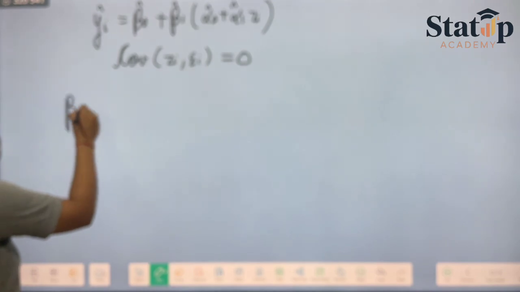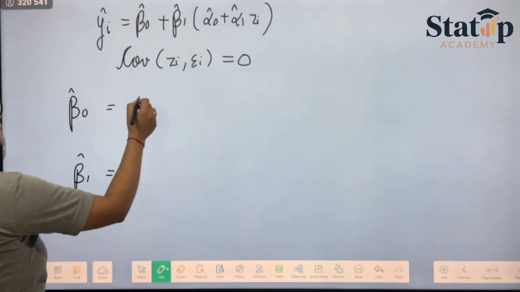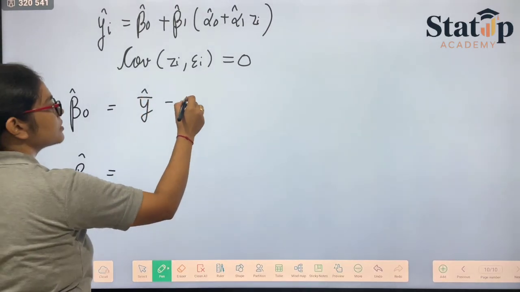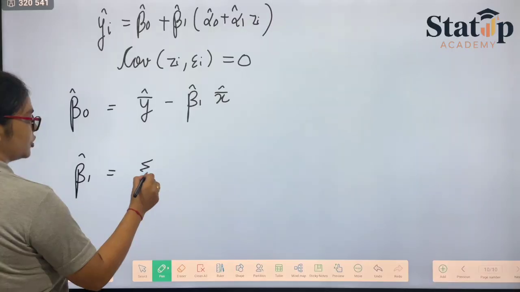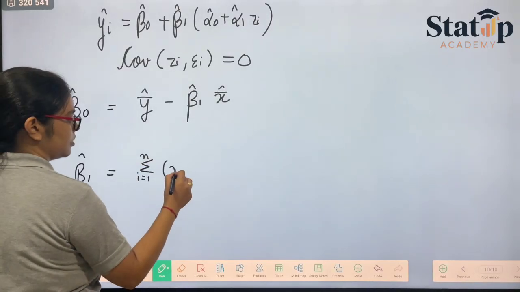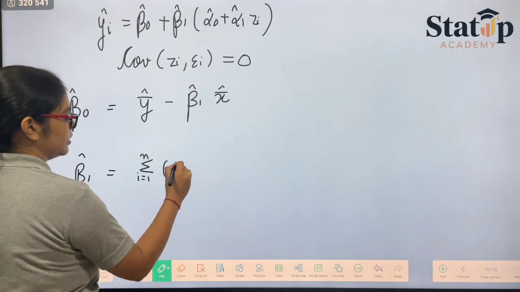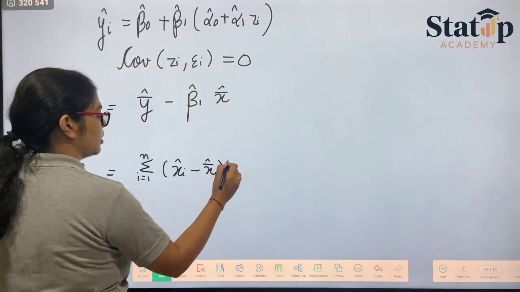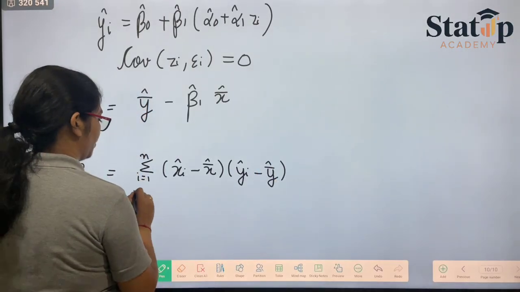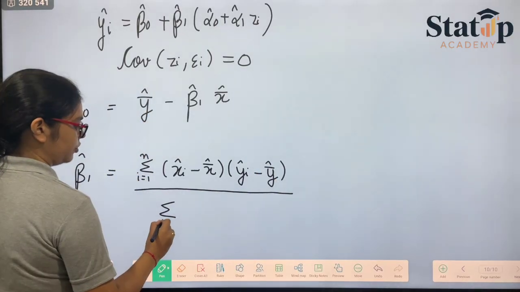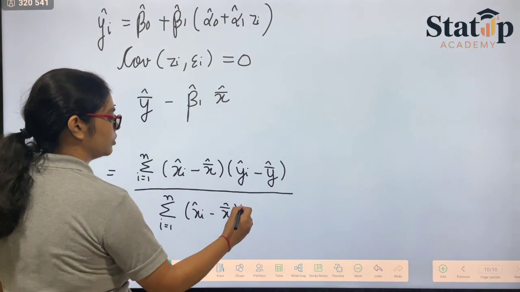So the predicted values of β0 cap and β1 cap come out to be β0 cap equals y bar cap minus β1 cap x bar cap, and β1 cap equals summation i goes from 1 to n (xi cap minus x bar cap)(yi minus y bar cap) upon summation i goes from 1 to n (xi cap minus x bar cap) whole square.